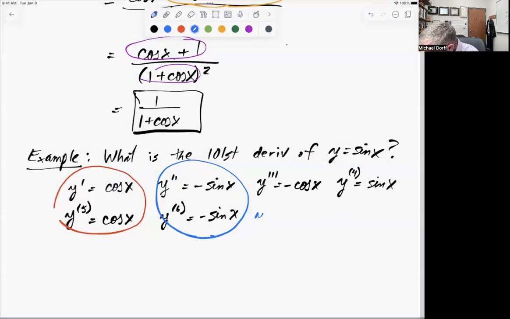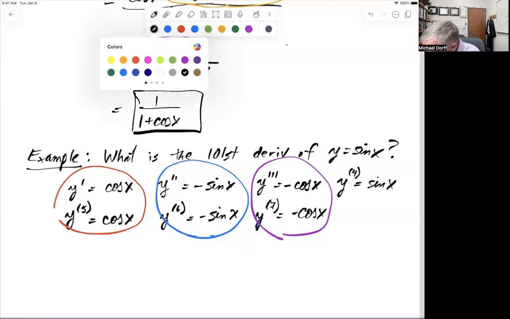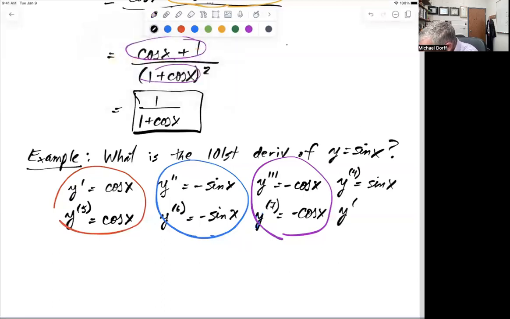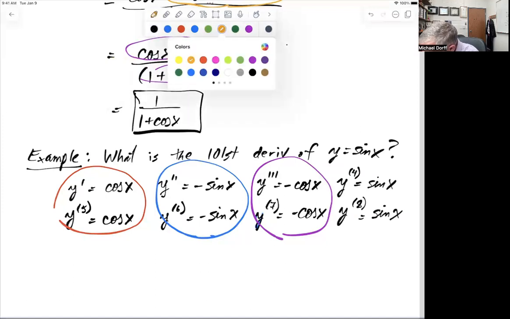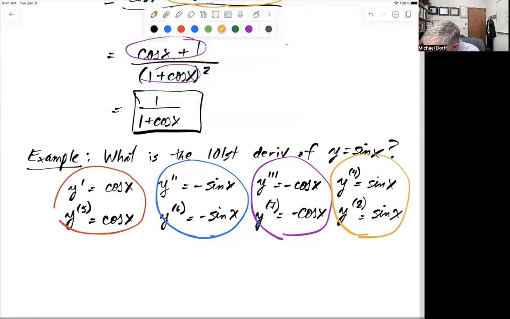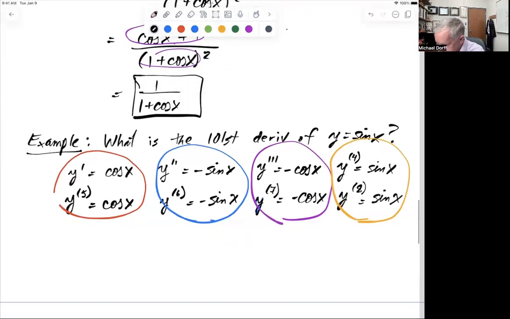If I do the seventh derivative, I'm going to get negative cosine x, and that's the same as what is above it. So the third derivative and the seventh give me the same. And as you can see, the eighth derivative is going to be the same as the fourth derivative, and I get this.